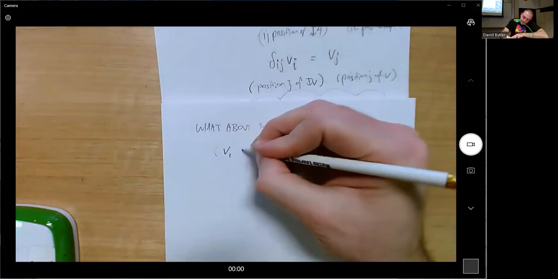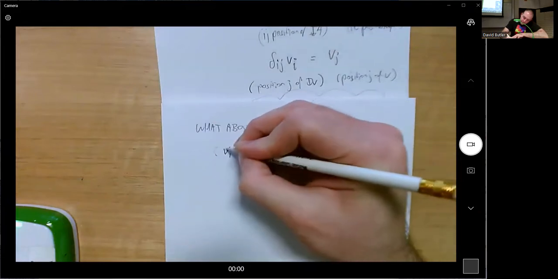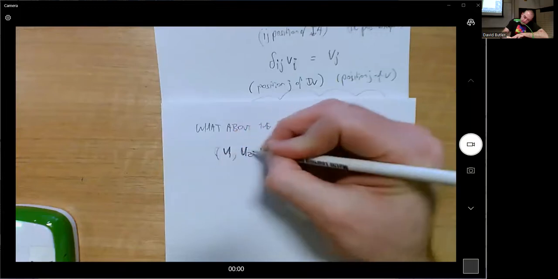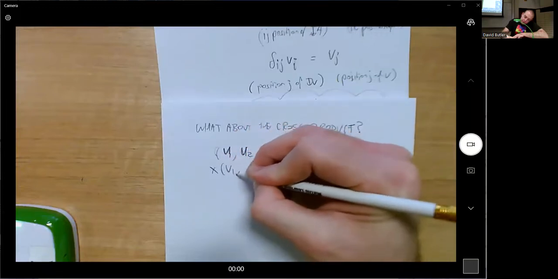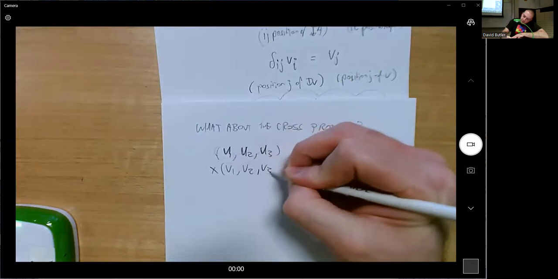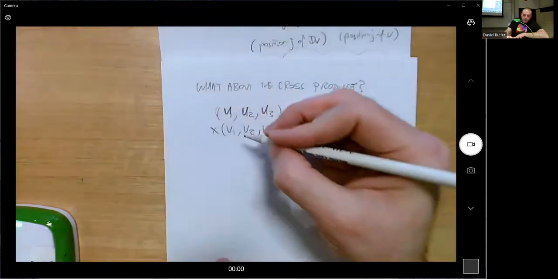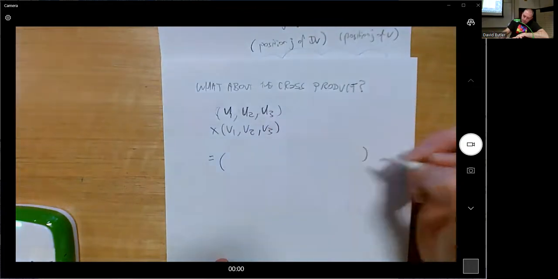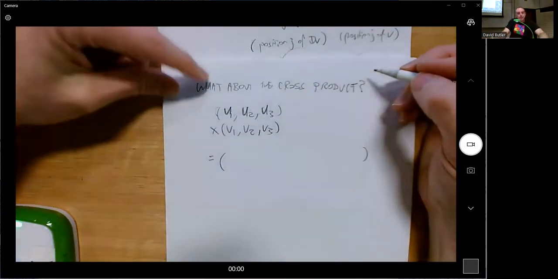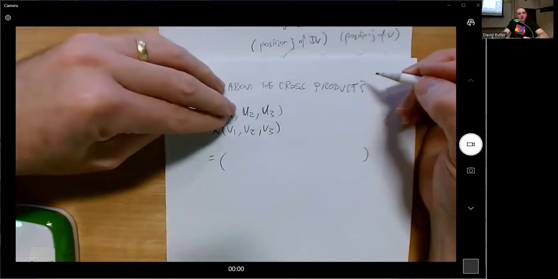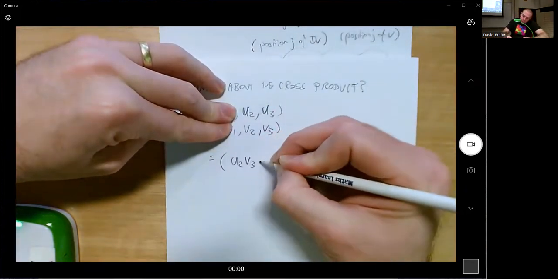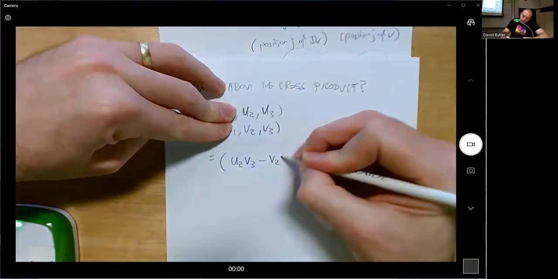So let's call them U1, U2, and U3, cross with V1, V2, and V3. That will now be: U2 V3 minus V2 U3.